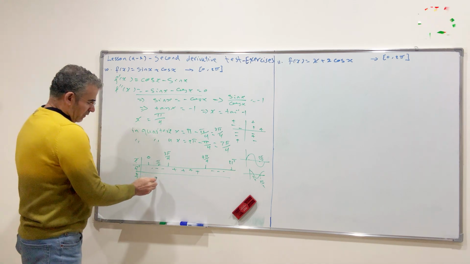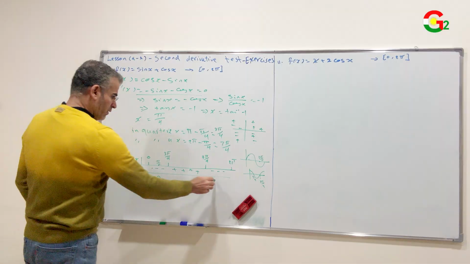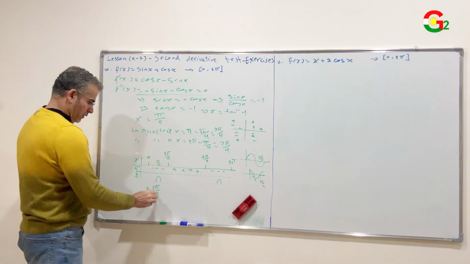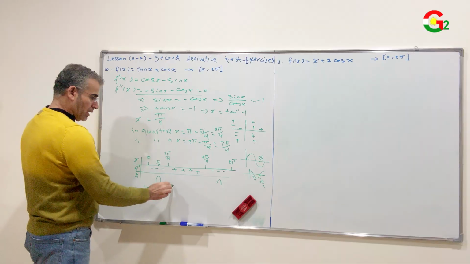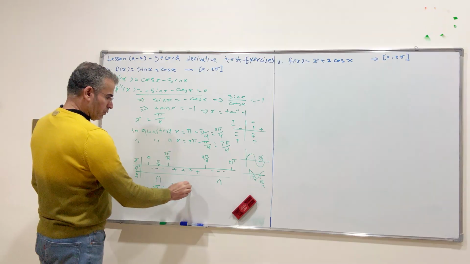The intervals of concavity: the function is convex between 0 and 3 pi over 4, open interval, union 7 pi over 4 to 2 pi.